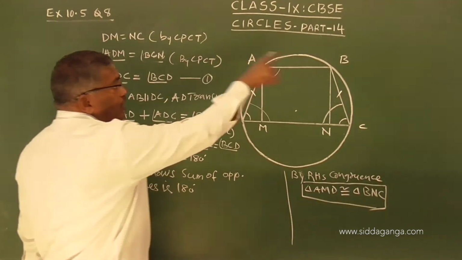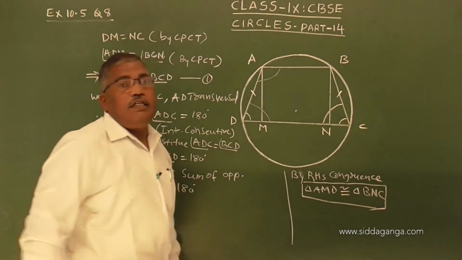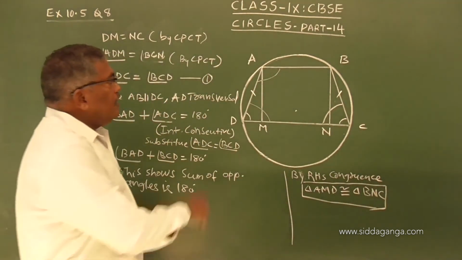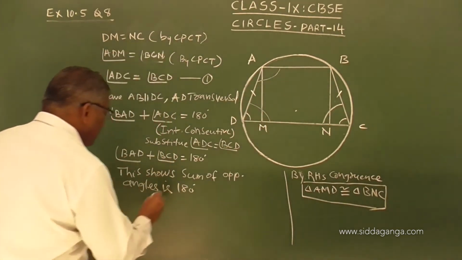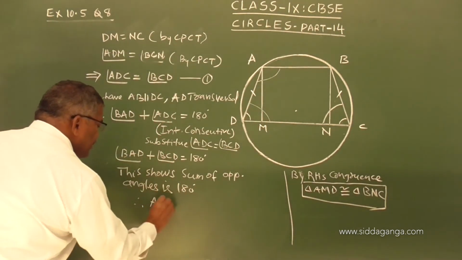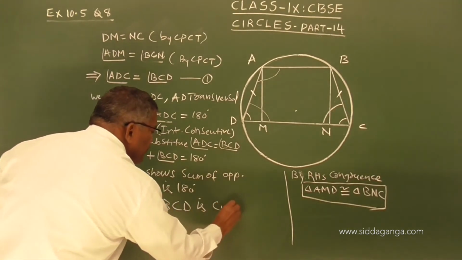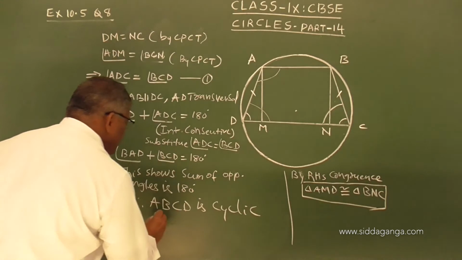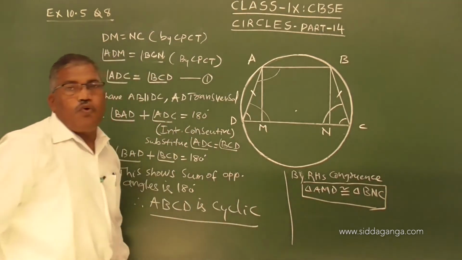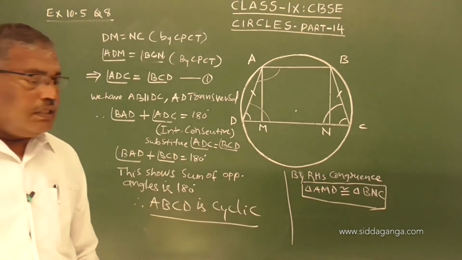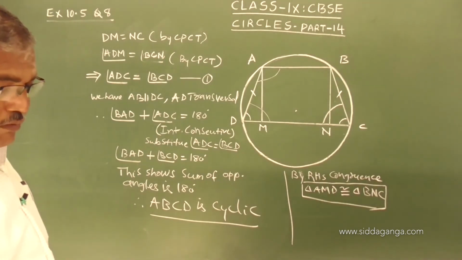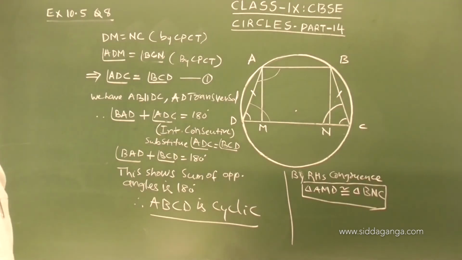So in any quadrilateral, if the sum of the opposite angles is 180 degrees, then the quadrilateral is cyclic. So therefore ABCD is cyclic, hence proved. So this completes question number 8.